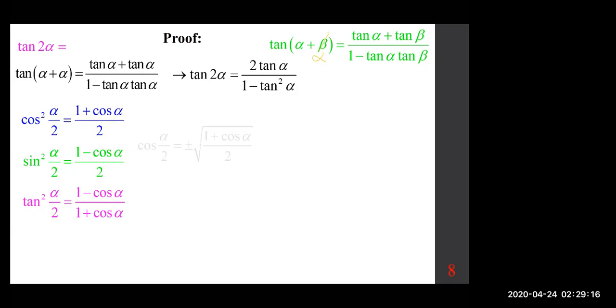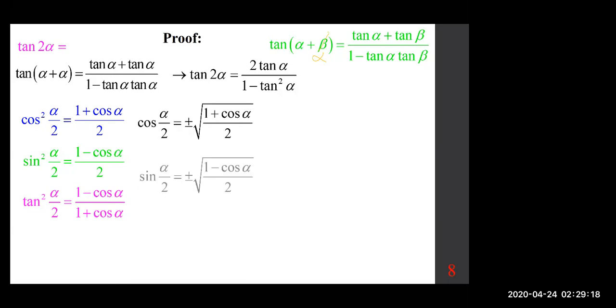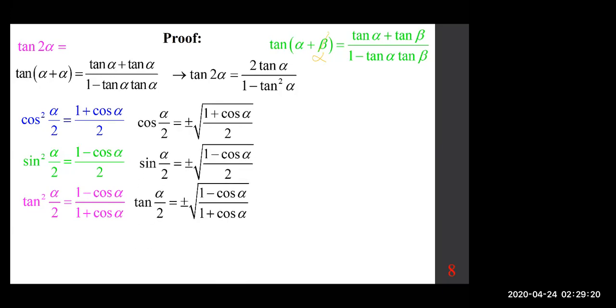Just take a root. I hope you see the square root will give you the answer. And of course, you make a decision as to the quadrant, what the sign is. So for tan alpha over 2, you can use sine over cosine, and it can be established in this manner. I want you to know that, class.